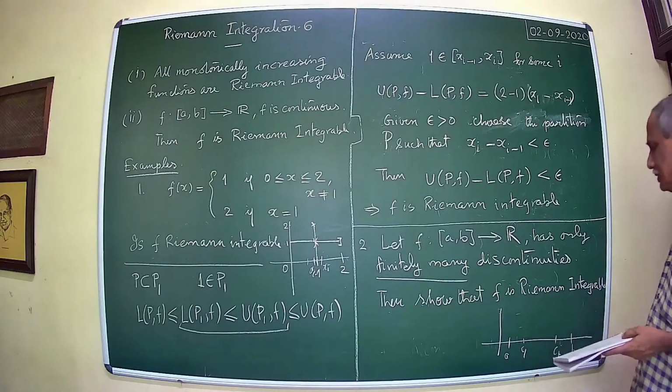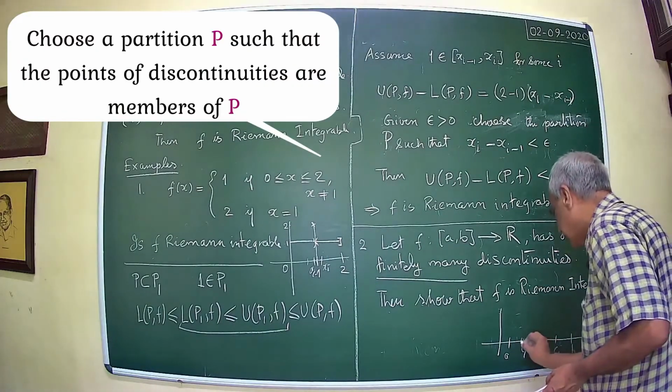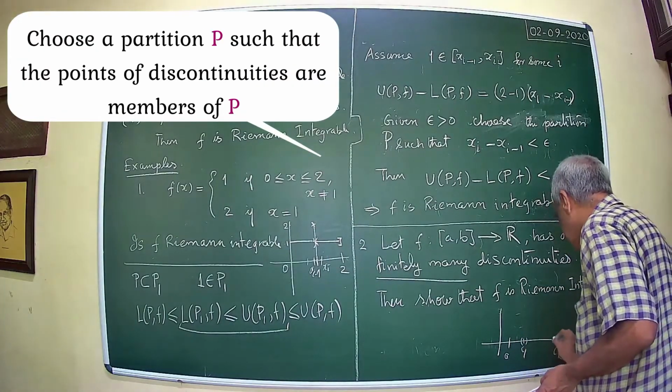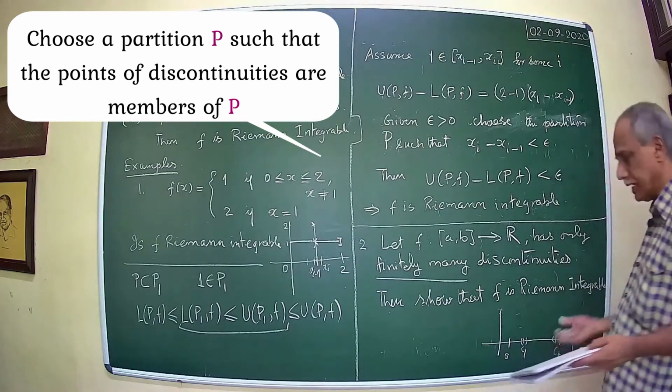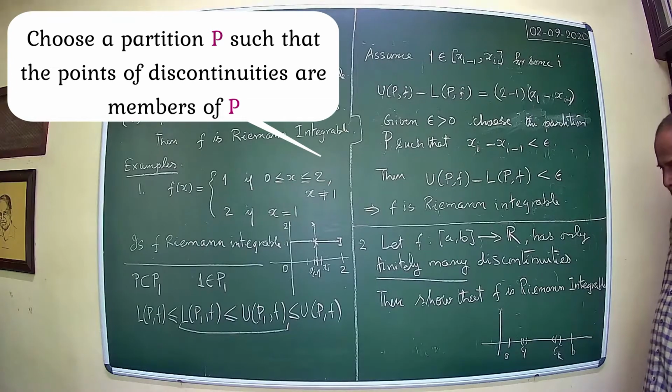Now you choose a partition. And you can choose a partition in such a way that these points of discontinuity are inside the partition.